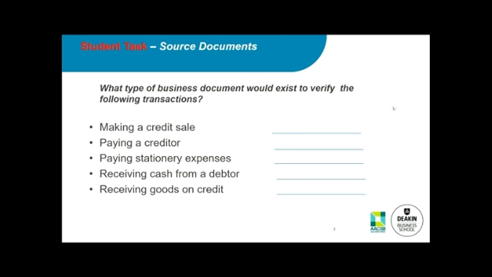Right, now you're going to try and tell me what would be the source document for each of those. What is the source document for a credit sale? What is the source document when you pay a creditor, or if you pay a stationery expense, or if you receive cash from a debtor, or if you receive goods on credit? Okay, so just write down your answer for each of those 5.